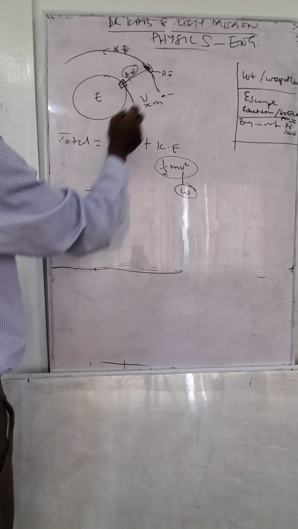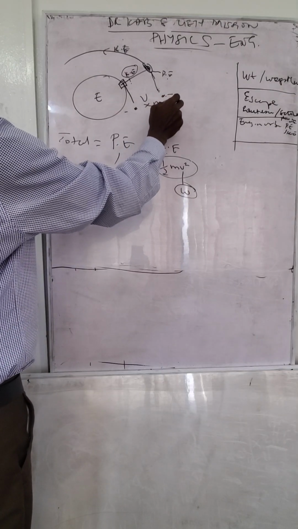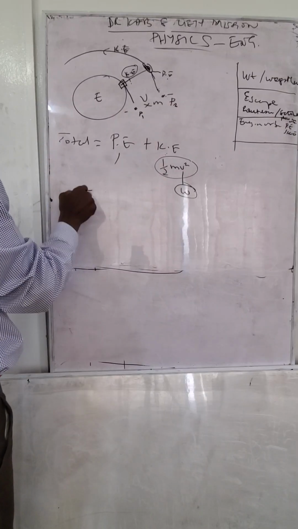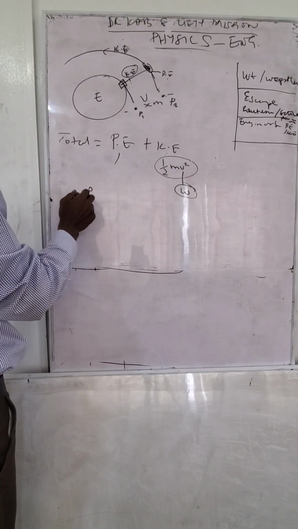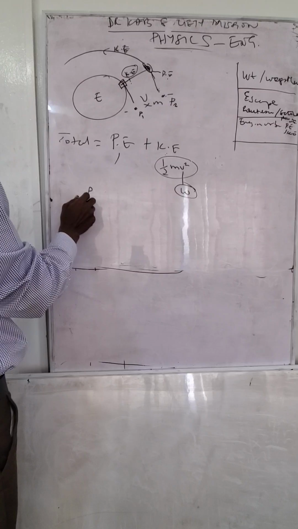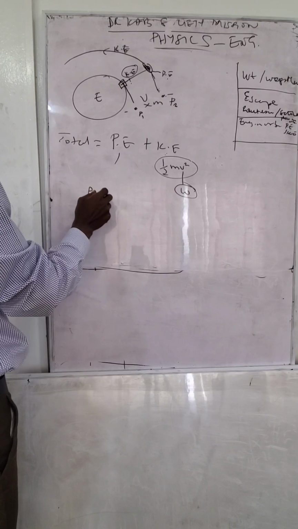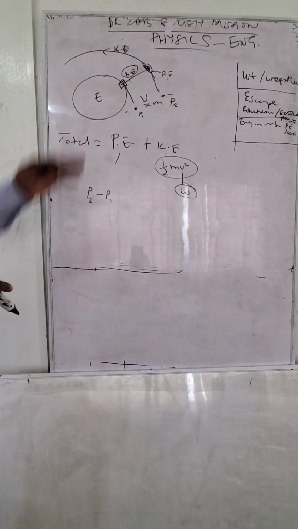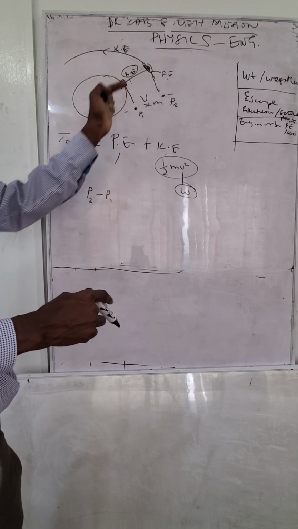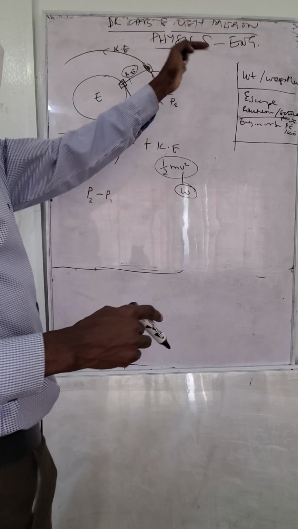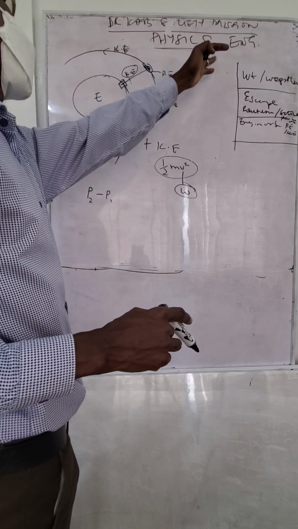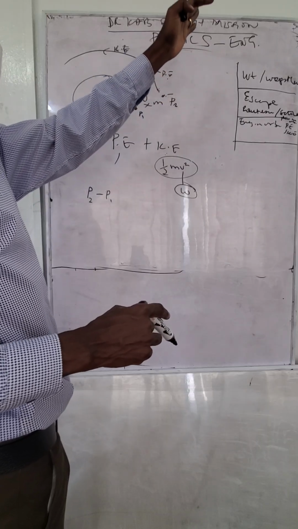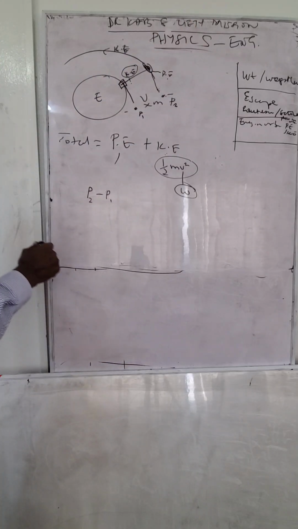Let's say P2 minus P1, so that we have the potential here. That is more energy than this one. With reference to this, if infinity is 0, then infinity has more potential energy, so let's have it like this to have more potential.